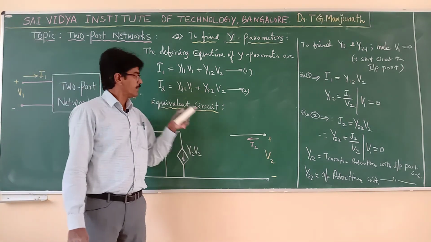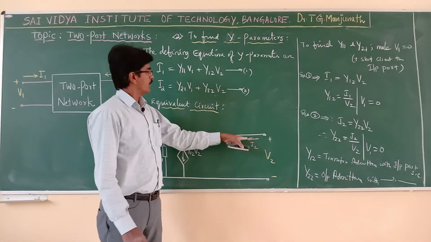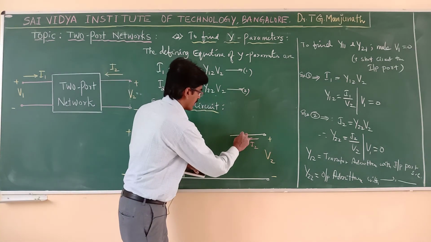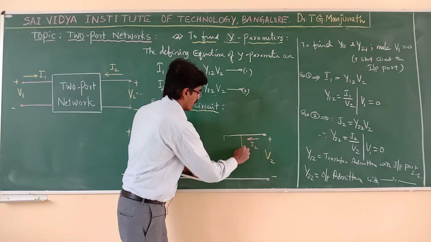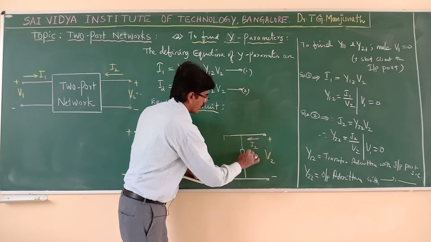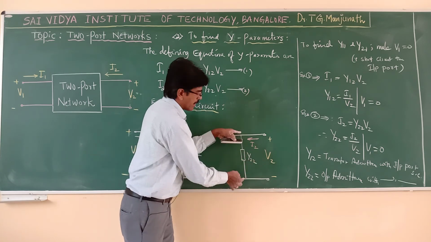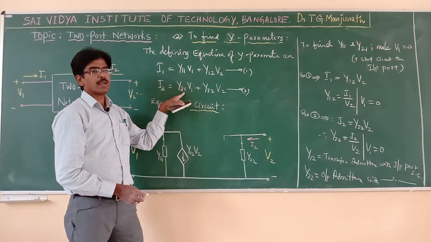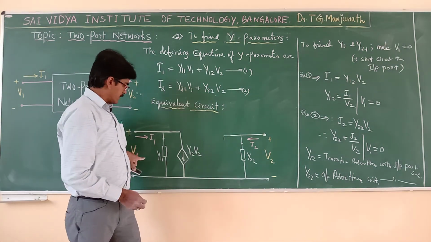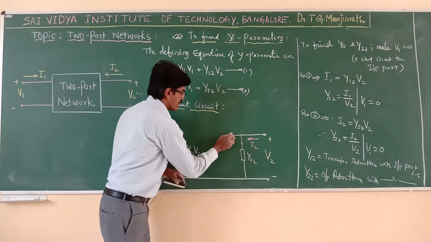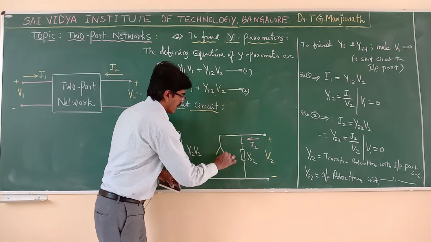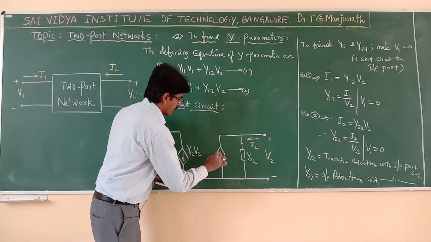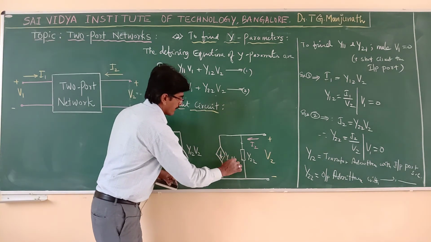Similarly here also I2 is equal to one term Y22 V2. V2 is available here, so I can write Y22 here, again current is dividing here, and this gives the current Y22 V2. What is the next current? Y21 V1. Since V1 is not here, again I have to represent this by a dependent current source like this, that is Y21 V1.